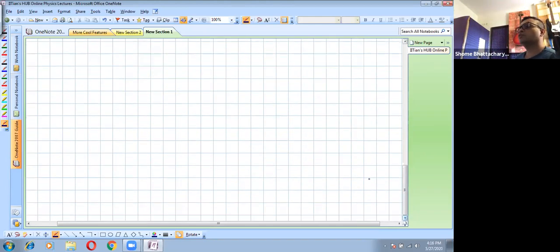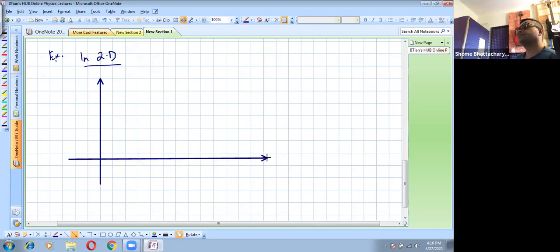Suppose I am saying in 2D, for example, in 2 dimensions, in the xy plane, I have first drawn this vector E, which is like this.